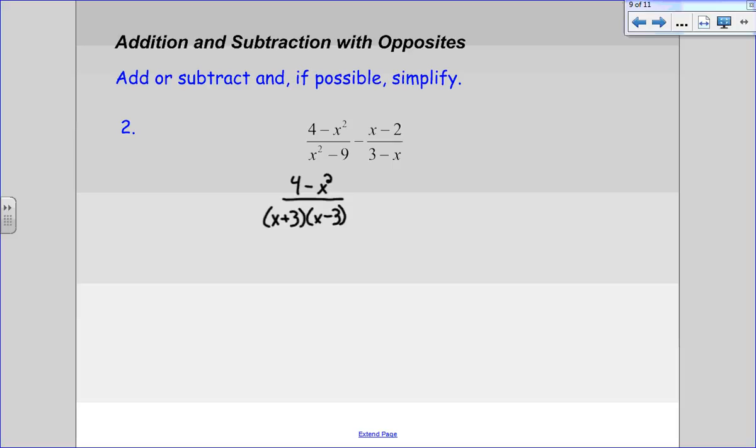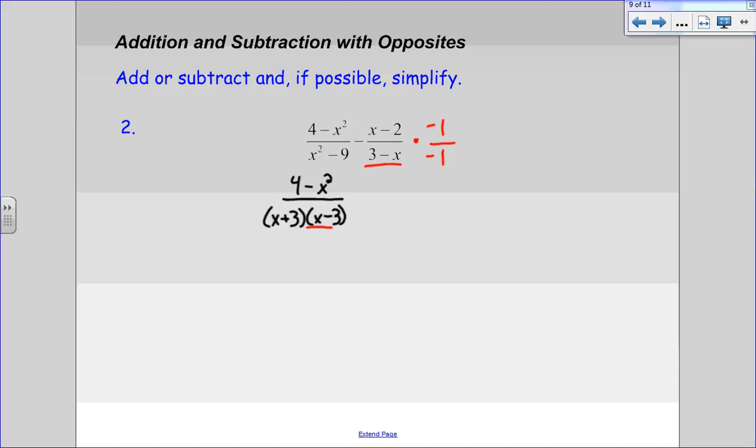And when I did that, I noticed that I now have an x minus 3 and a 3 minus x. These aren't the same, but they're opposites of each other. So what I'll do right off the bat for this problem is go ahead and multiply this expression by -1 over -1 before I rewrite it, and that'll get me closer to having common denominators.